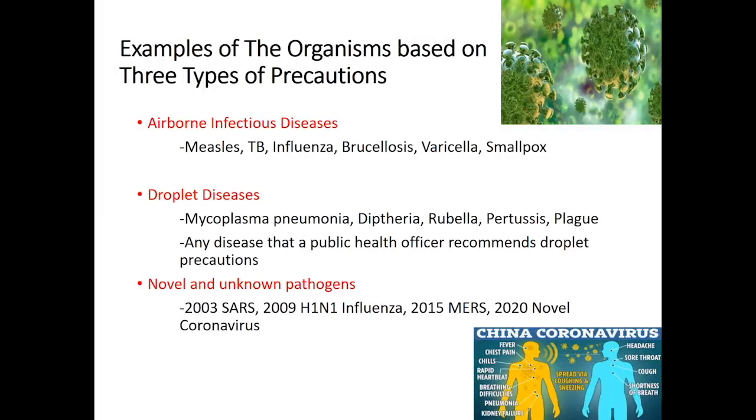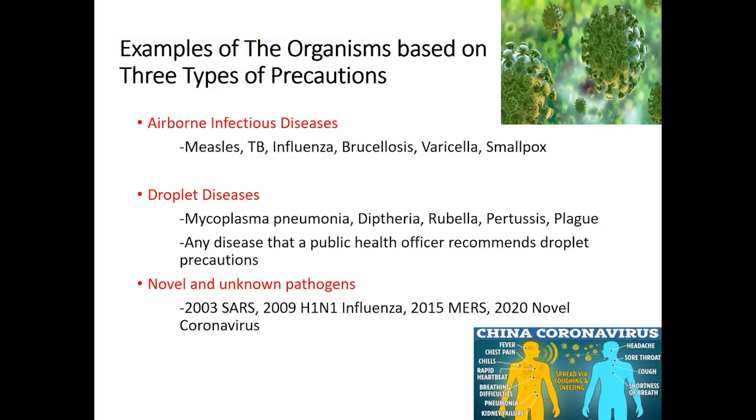So this is a prime example of when you first identify it as a H1N1, you can't discern whether it has pandemic potential as the Spanish flu did, or whether it has lesser pathogenic potential like the 09 influenza outbreak did. So until it's characterized molecularly and you know more about the case patients and you have more data, we put it under airborne infections. And that's a prime example of you don't know until you know.